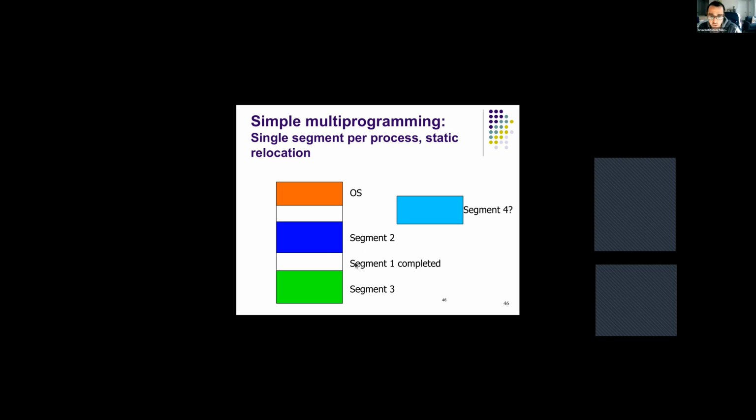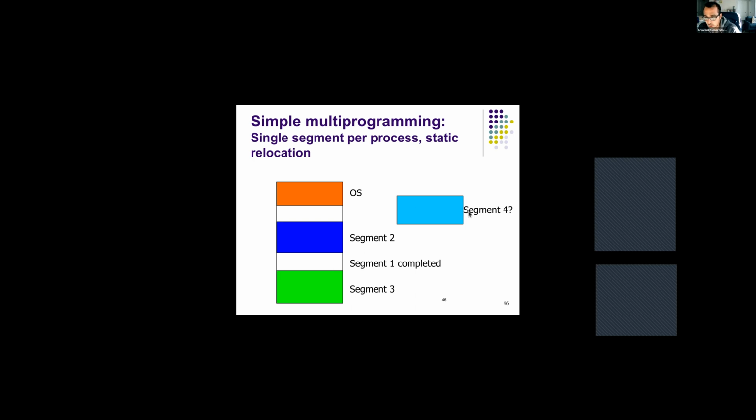And this leads to inefficient use of memory, right? There is fragmentation that could happen, because the total available memory could be enough, but it's in different holes. So we may not be able to use these holes in an efficient way.